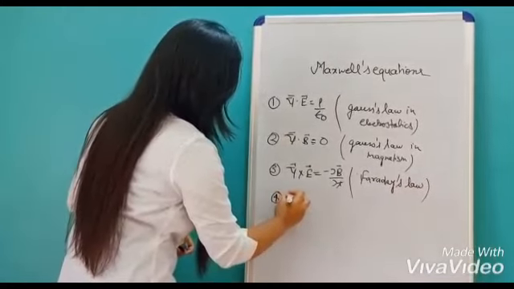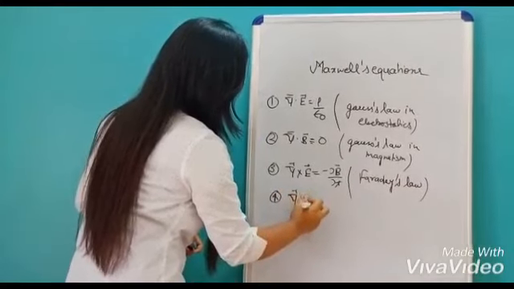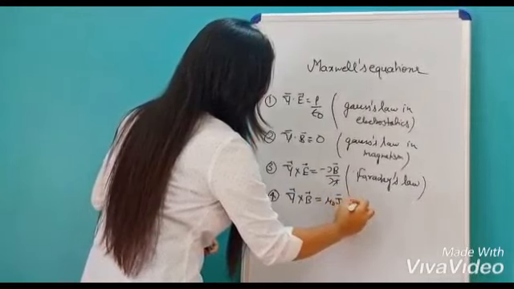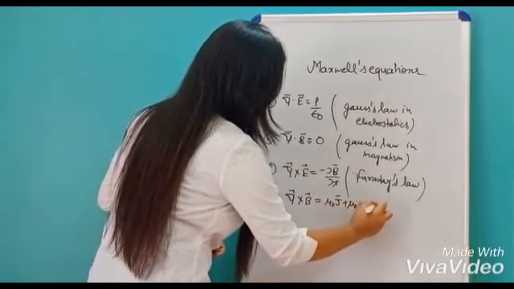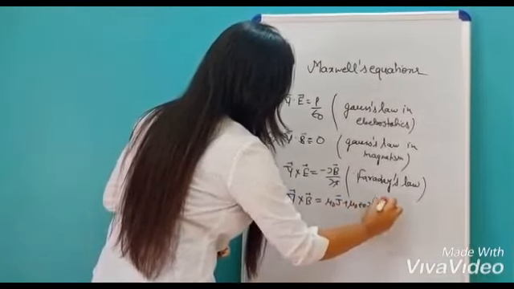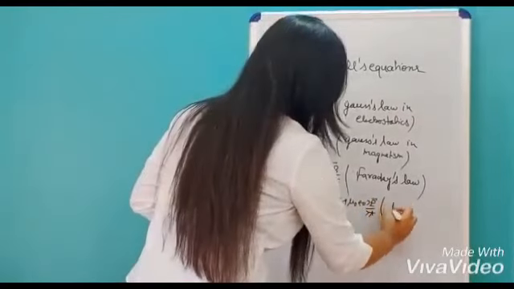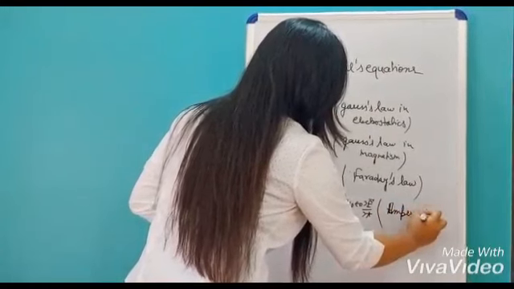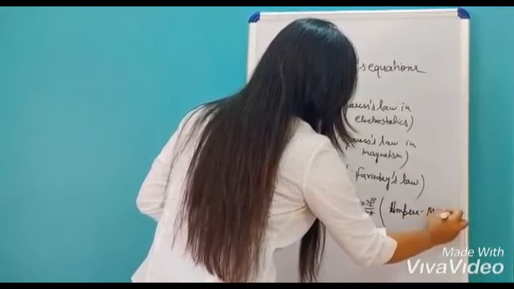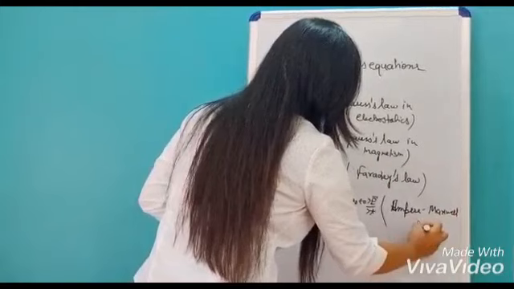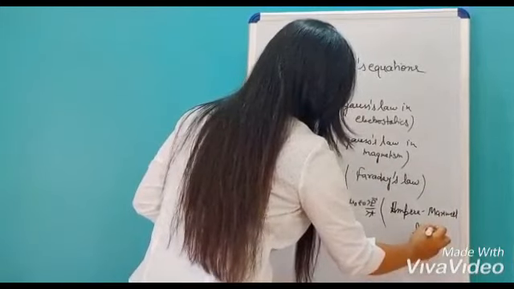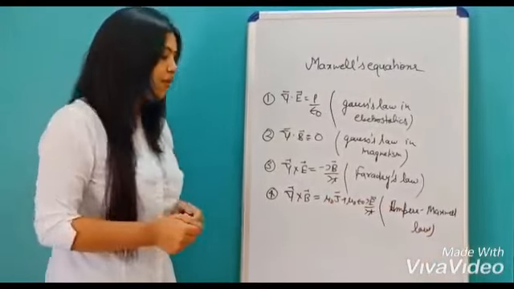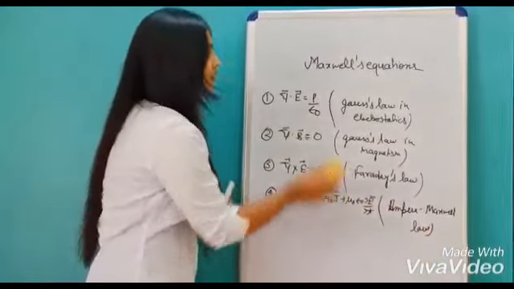Fourth is del cross B is equal to mu naught J plus mu naught epsilon naught del E by del T, which is based on Ampere-Maxwell law. Let us discuss the basic concept of these equations one by one.